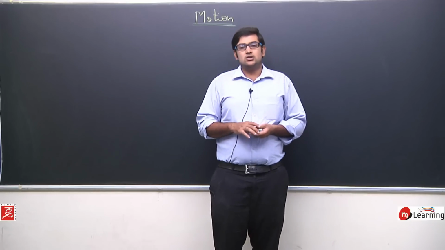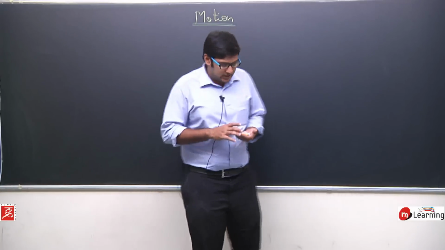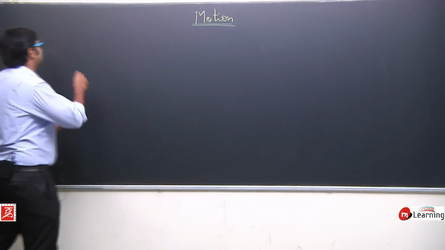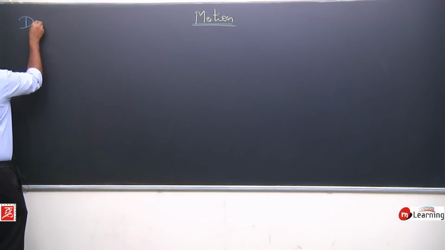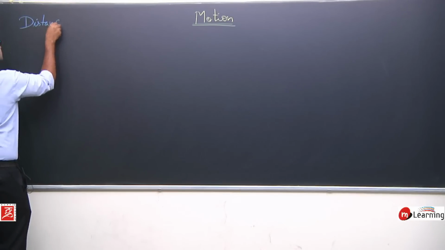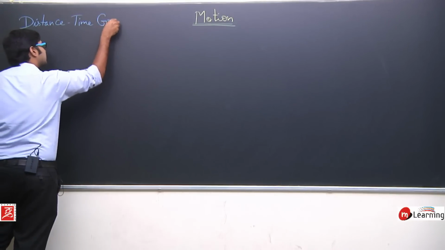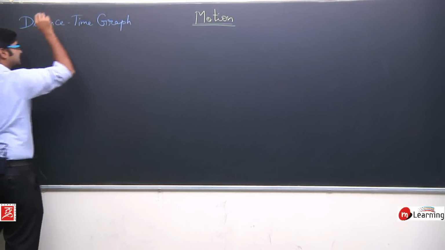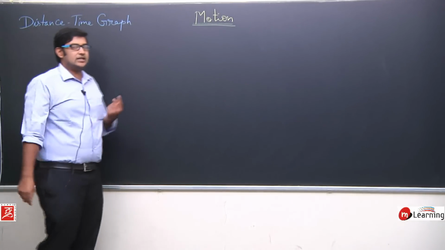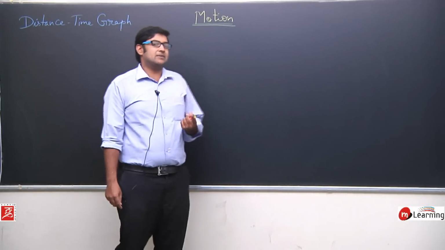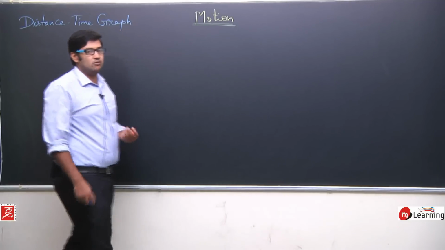So let's continue our topic with the discussion of the distance time graph. We have completed the distance time graph of a stationary object, and then of a uniform object.